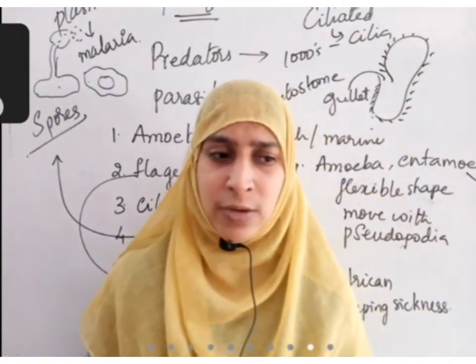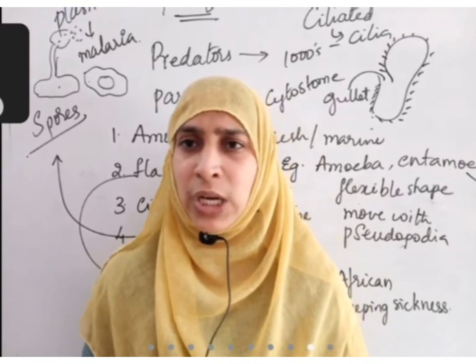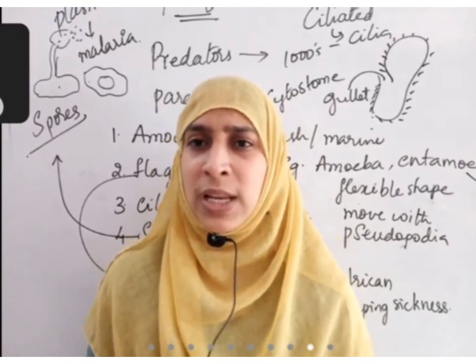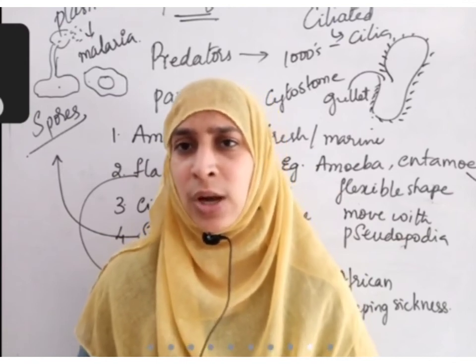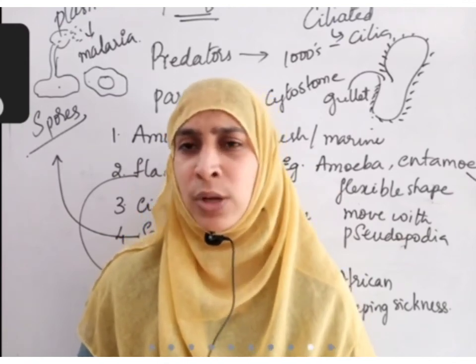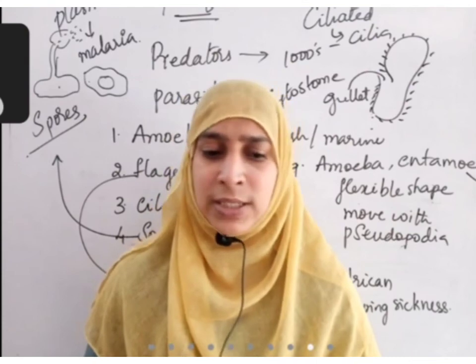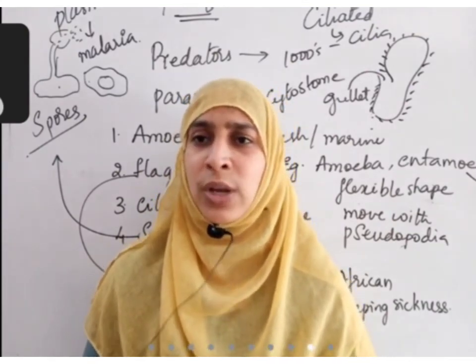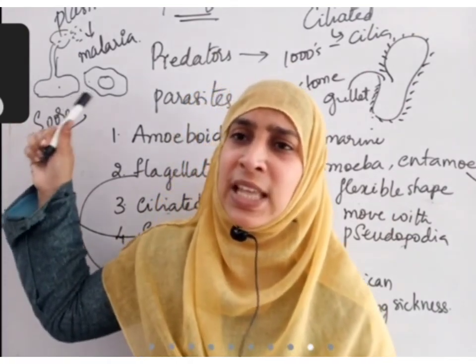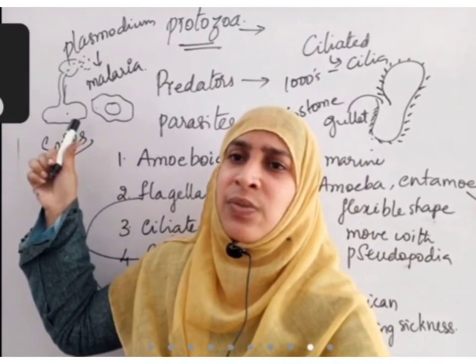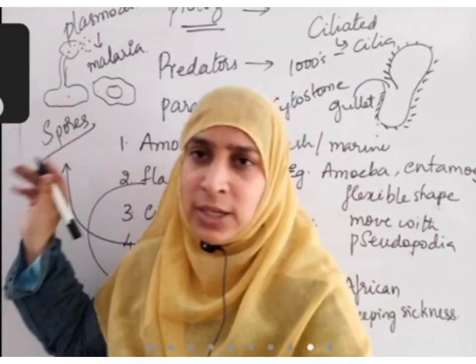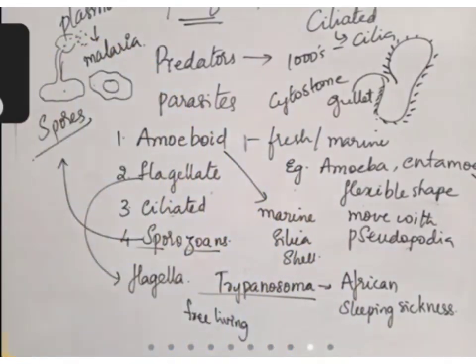Normally it divides in our body, and when it is dividing in our body, it does not form any spores. Normally it bursts open to release all the cells outside. We'll discuss that when we discuss diseases, right. So in the life cycle of this plasmodium or malarial parasite, there is a phase in which spores are formed, that's all. So that is about the sporozoans of protozoa.